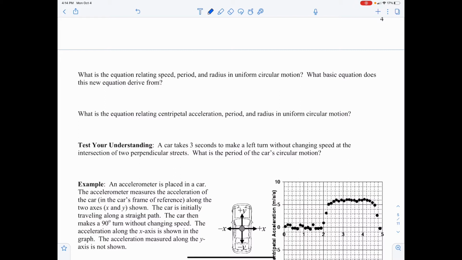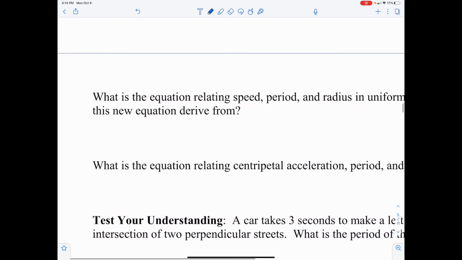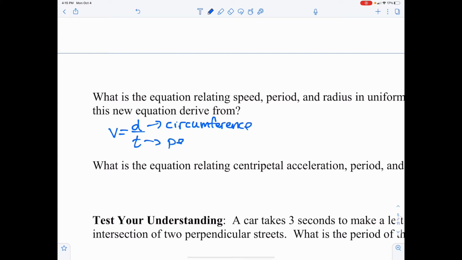What is the new equation relating speed, period, and radius in uniform circular motion? What basic equation does this new equation derive from? Okay, so let's start with the second part of that question. A very basic equation that we started with in the very beginning of the year was the idea that speed is equal to distance over time. Now, if we're talking about around a circle, the distance would be the circumference of the circle, and the time around the circle would be the period.